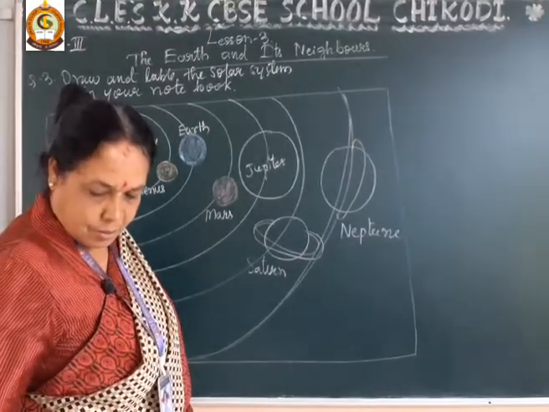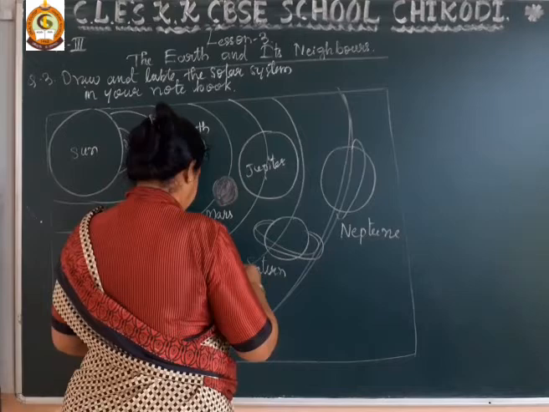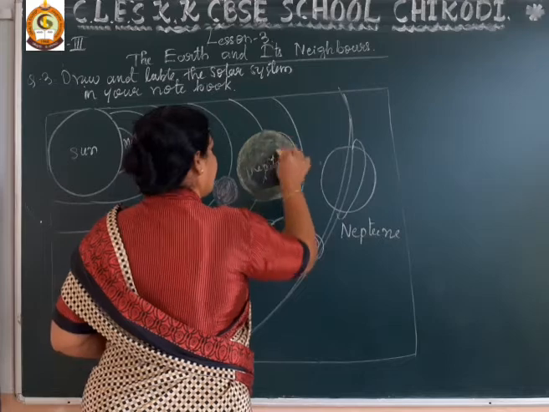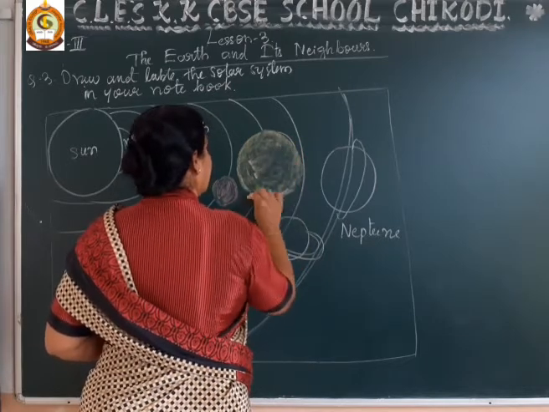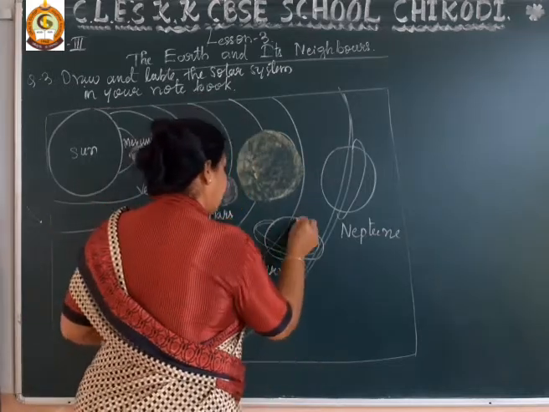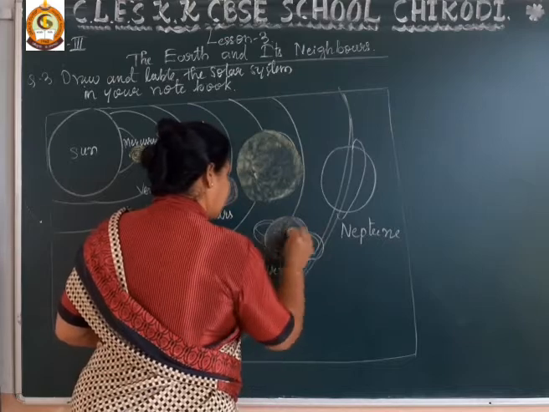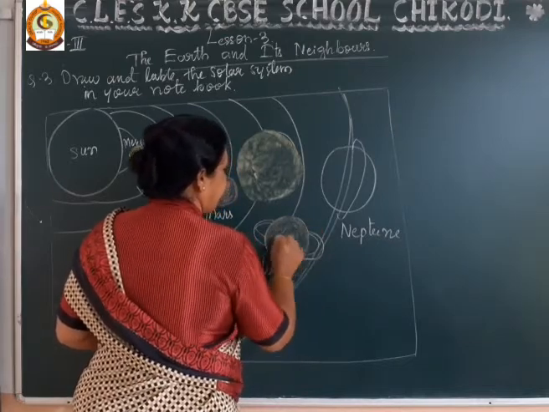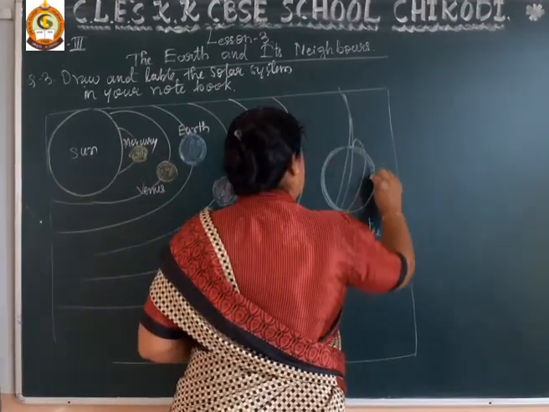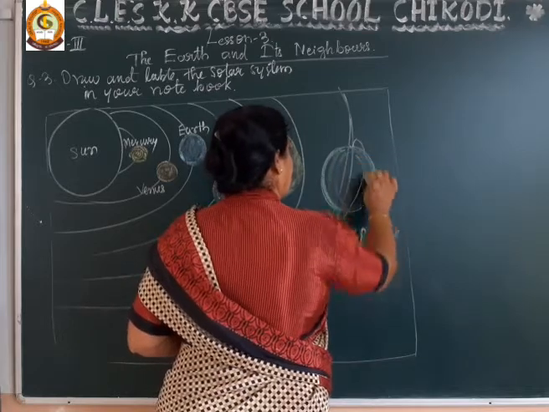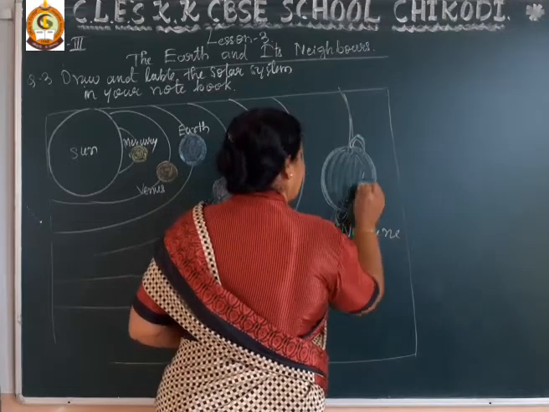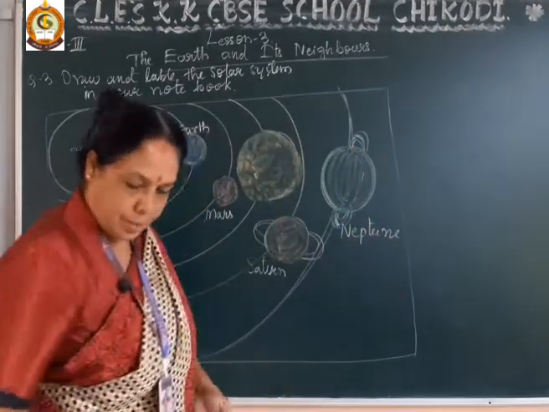Next, Jupiter. And then Saturn. Okay, dear student, and this is Neptune. Here a little bit of rings. Okay, dear student.